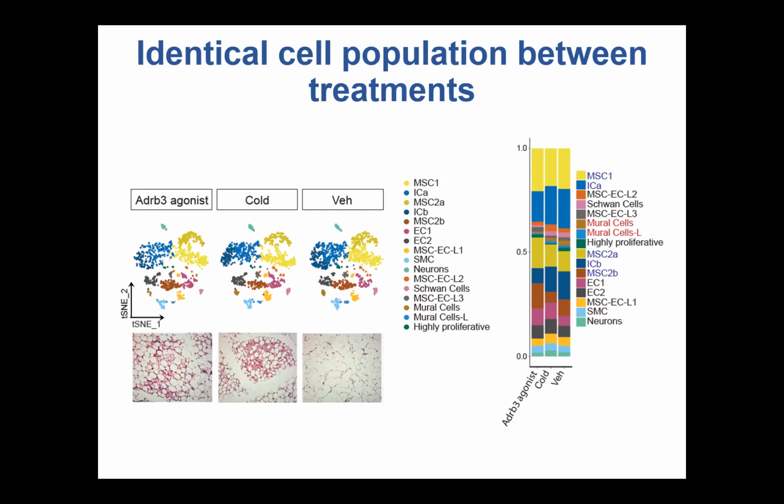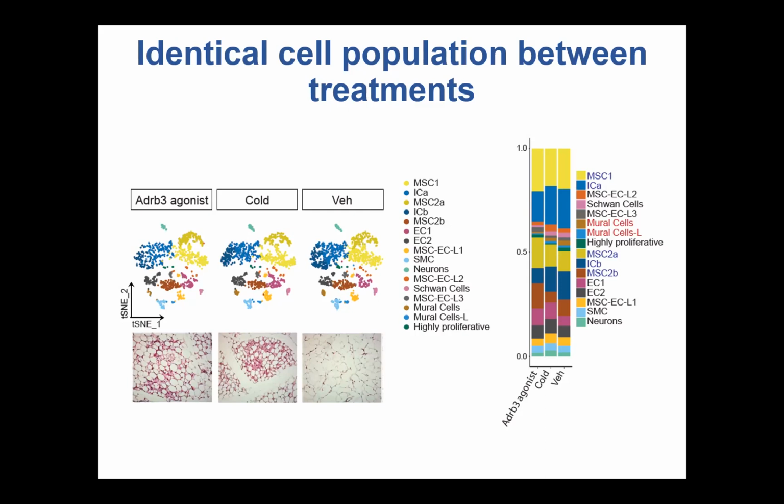More interestingly, we found that mural cells are more induced. The number of mural cells increased in cold condition compared to beta-3 adrenergic stimulation, where mesenchymal cells and interstitial cells were down-regulated. Their numbers decreased in cold condition compared to beta-3 adrenergic, suggesting that there may be some differences between those two treatments that lead to the same phenotype, which is the browning of the white fat and the recruitment of those beige adipocytes.